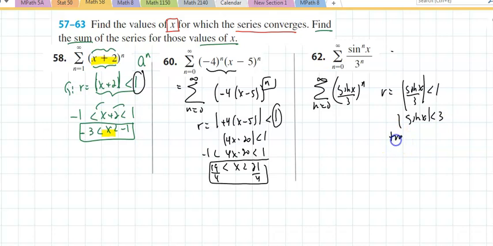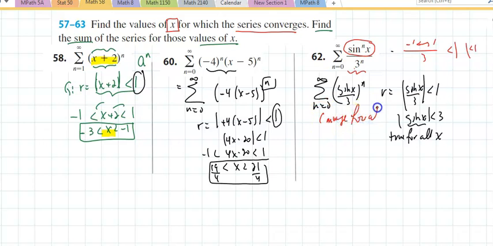That's true for all x. No matter what x equals, sine is a value between 1 and -1, and a value between 1 and -1 divided by 3 will always have an absolute value less than 1, which means this will converge for all values of x.